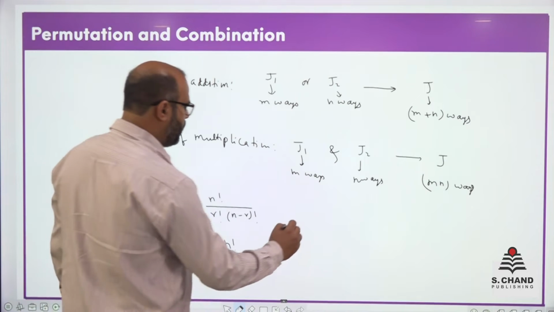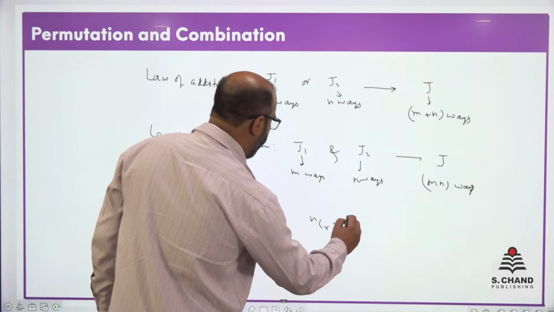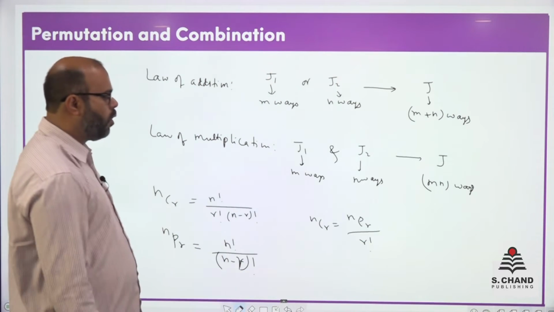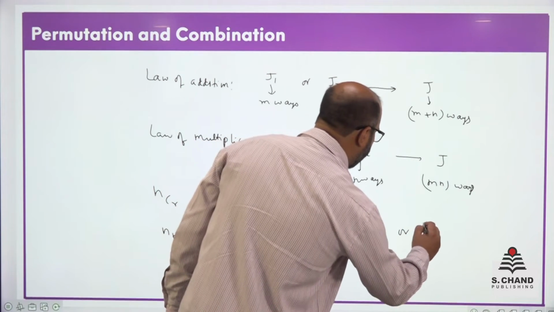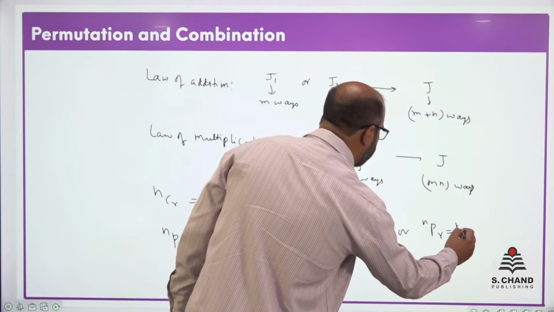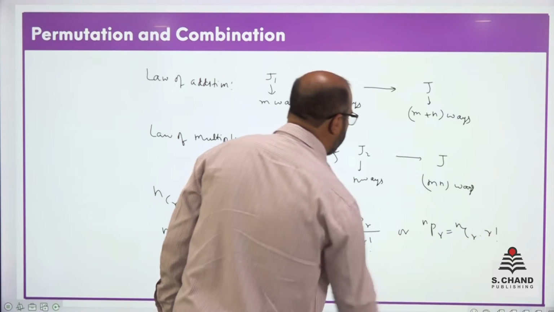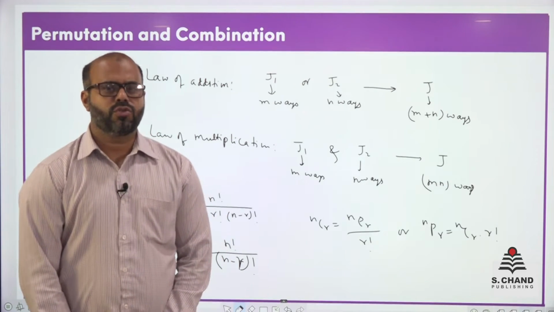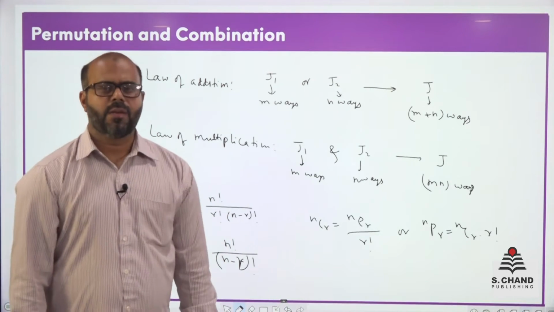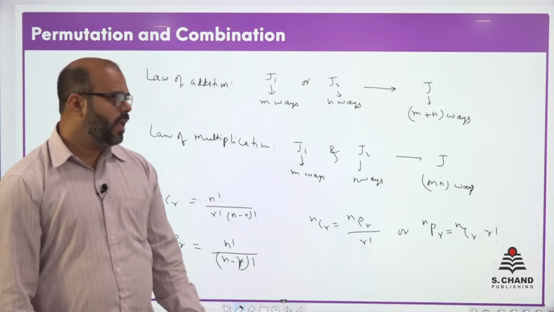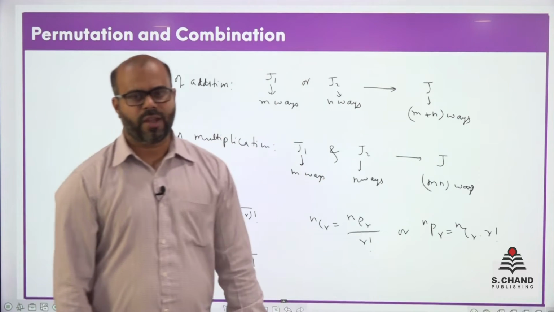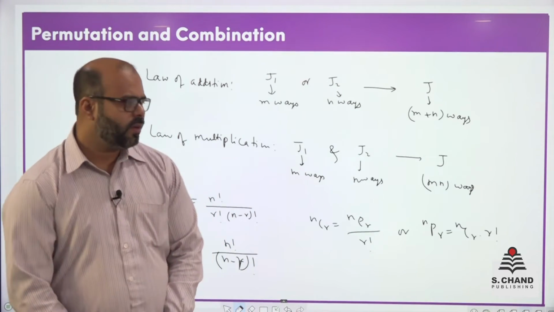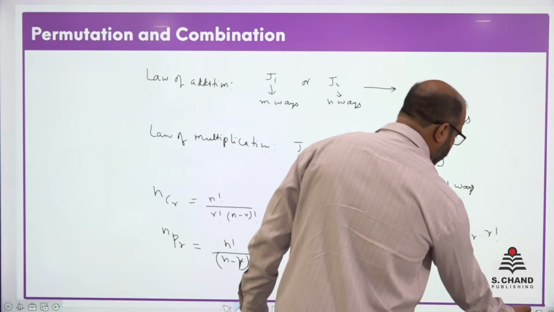We can also see that nCr is equal to nPr upon r factorial, or nPr is equal to nCr into r factorial. So for solving problems on permutation, we generally don't use the permutation formula separately, but we use the combination formula and then multiply with r factorial for arrangement. This is a major way in which we do problem solving. We will see this in a few of the applications.